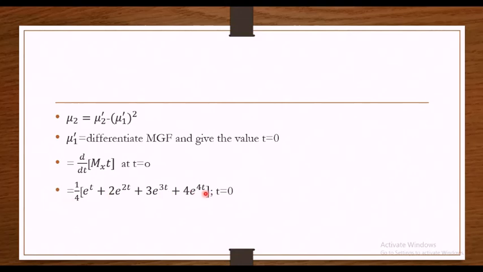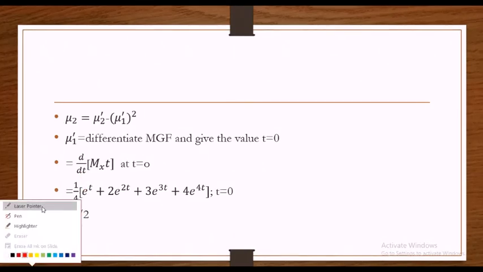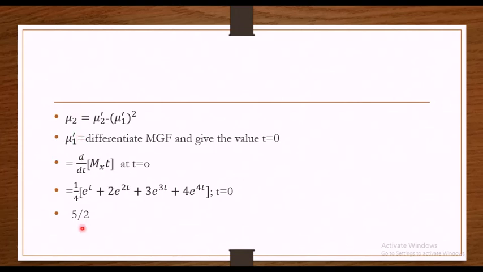This is a simple differentiation, which you all have studied in high school. Then I'm going to put the value t equal to 0 in this equation. So let's have a look at what we get. Yes, the final answer is 5 by 2. Here we have got the value of mu1 dash as 5 by 2.